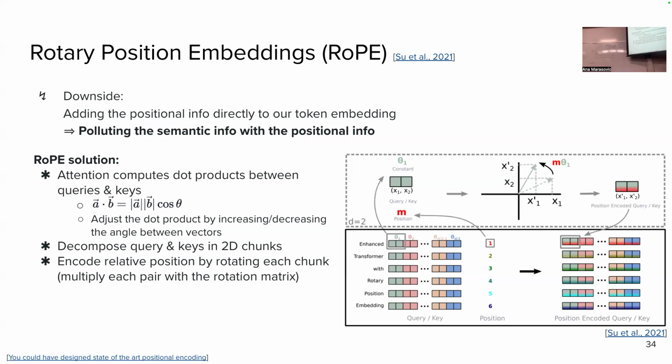They rotate these queries and keys such that the angles between closer tokens become smaller, and between farther away tokens become bigger. By doing that, they encode relative position in the transformer without introducing additional parameters or polluting the input space.